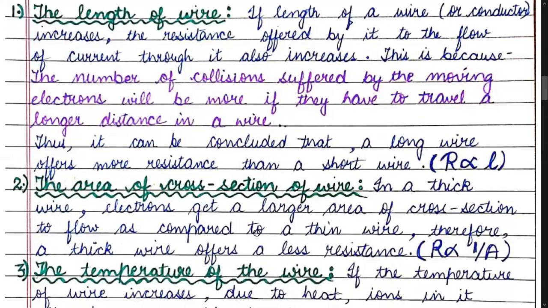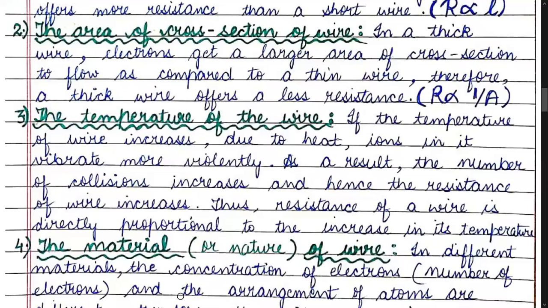Now coming to the second factor, that is area of cross section of a wire. It means more area or less area of the wire. Children, basically the area of the wire will determine the thickness or thinness of the wire.